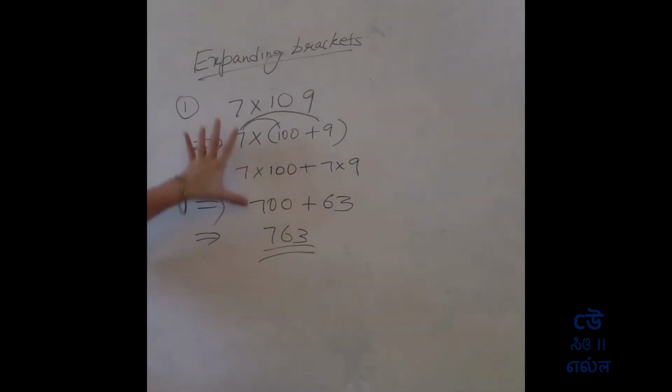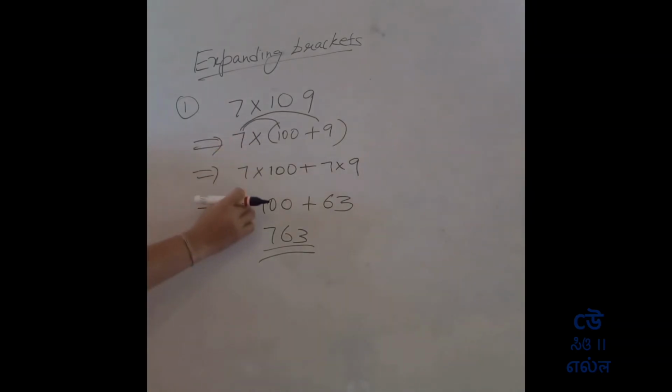So in this way you easily identified 7 into 109 will be 763, right? If you don't solve these steps and directly find the answer, then it will be difficult. It takes a very long time to tell the answer. So if you expand the numbers this way, then you will easily identify the answer. So first you multiply one number with one bracket number, then with the other bracket number.